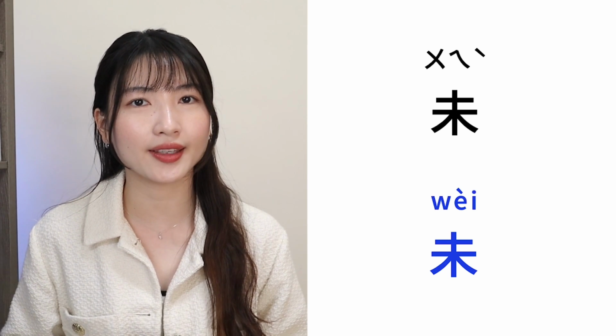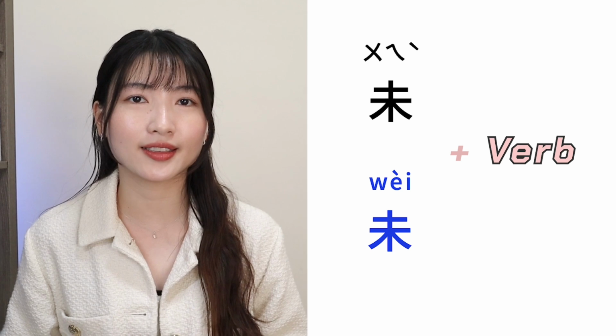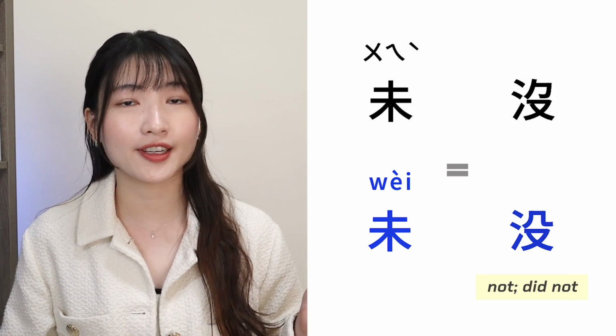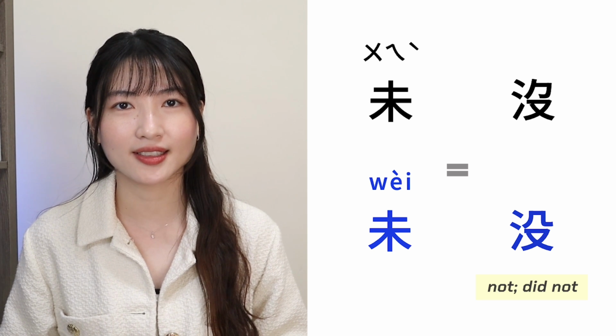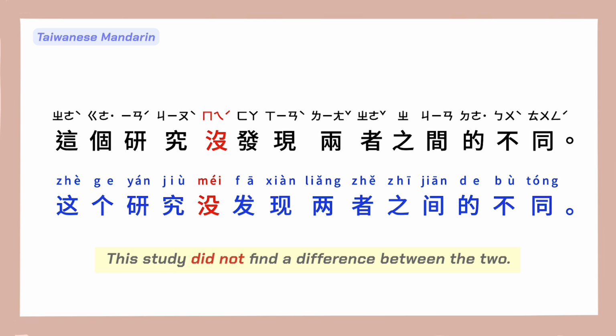The next word often used in writing is 未. 未 is usually added before a verb to express the meaning of 没. For example, let's read this sentence. 这个研究没发现两者之间的不同。This study did not find a difference between the two.